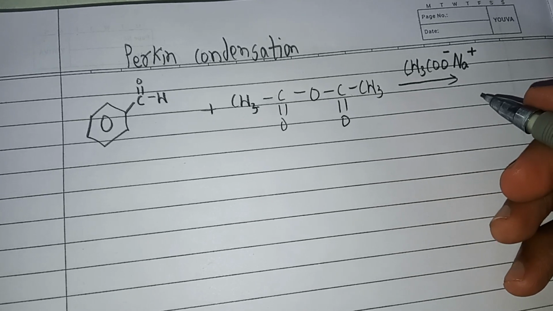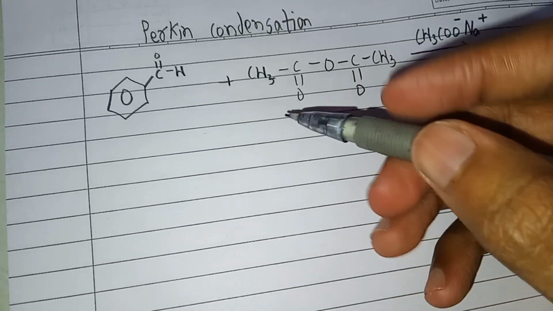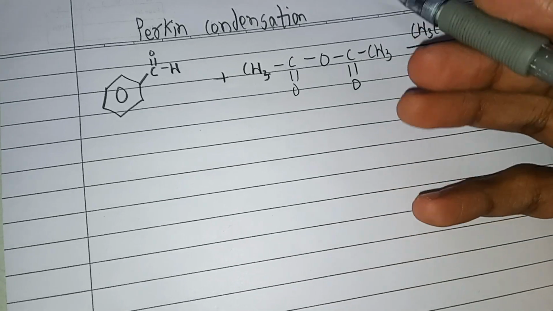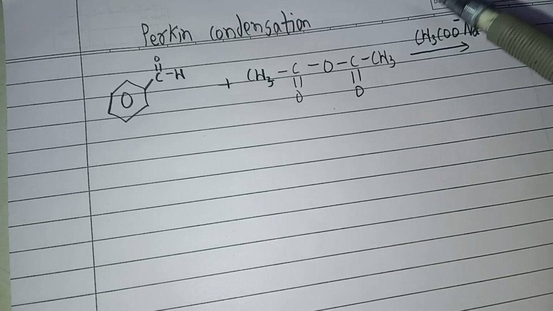We are about to look into the mechanism of Perkin condensation. Before we start, let me tell you that Perkin condensation is not limited only to benzaldehyde and acetic anhydride.